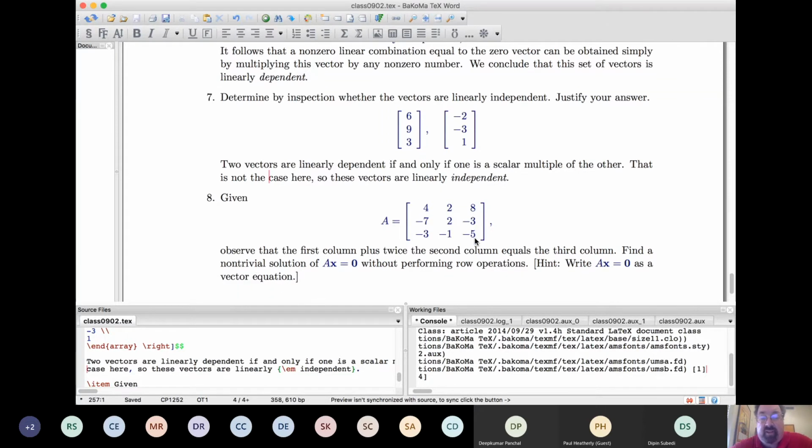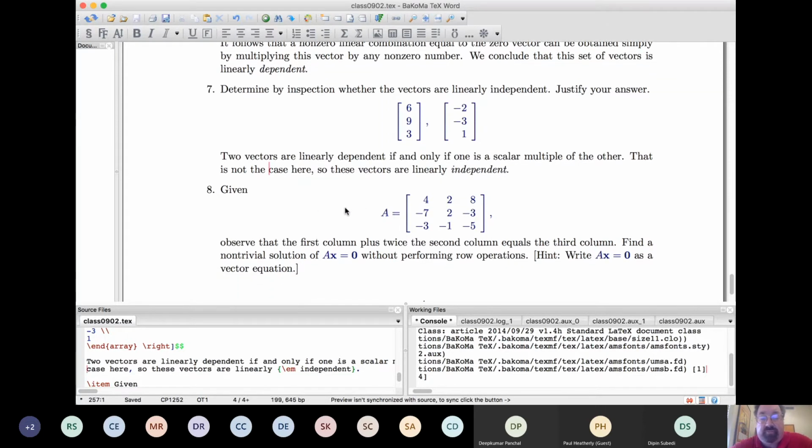Okay. So now for this last one, it's something that would not be obvious just by looking, but you can almost tell from the first elements here. If I take the first column, and then I multiply the second column by 2 and add them together, then I'm going to get the third column.